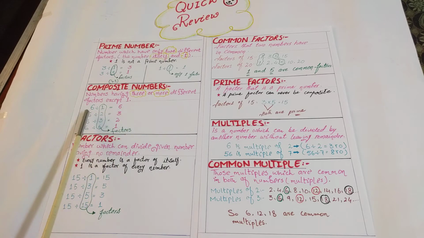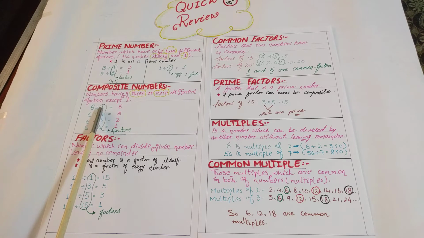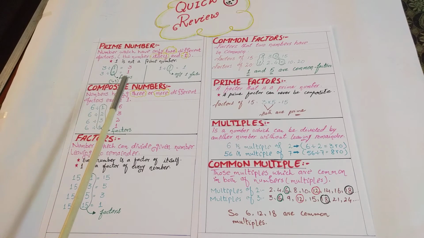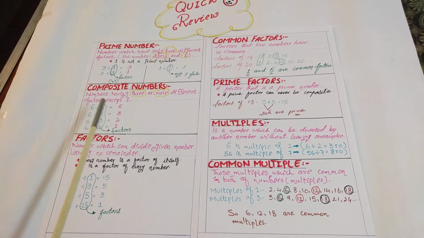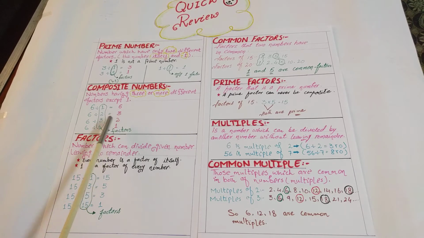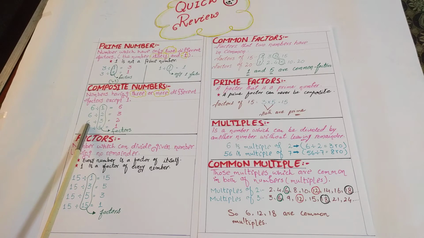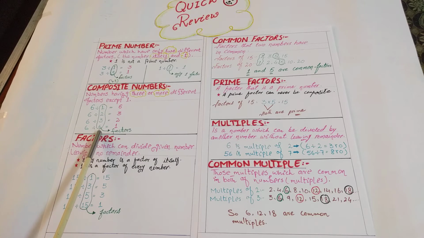Let's take an example. Here the number is 6. Let's check by 1. 1 sixes are 6. 1 is completely dividing 6, so 1 is a factor of 6. 2 threes are 6. 2 is also dividing 6 without leaving any remainder. 3 twos are 6. 3 is also dividing 6 without leaving any remainder. 6 ones are 6.